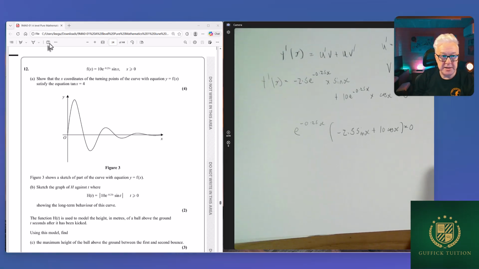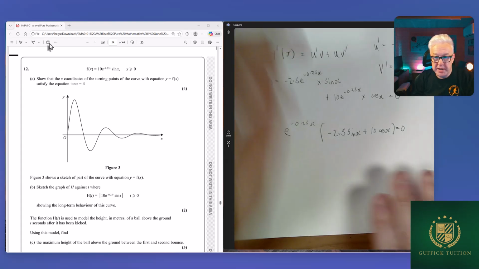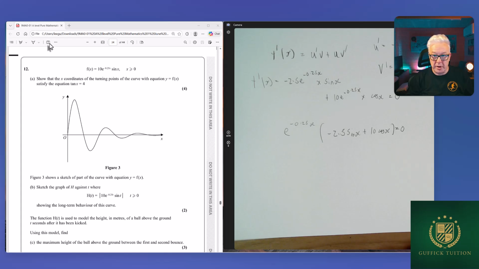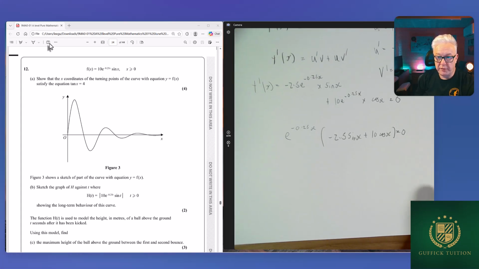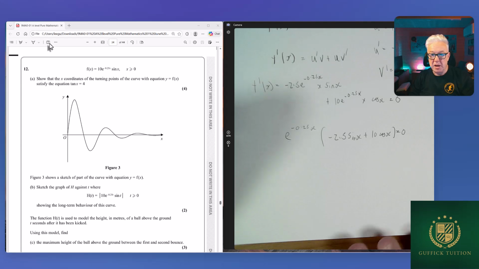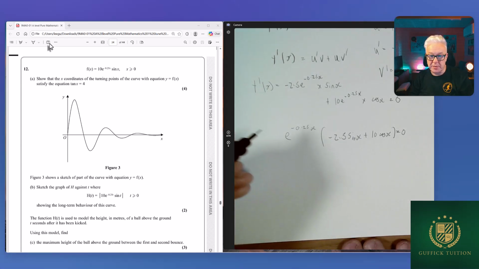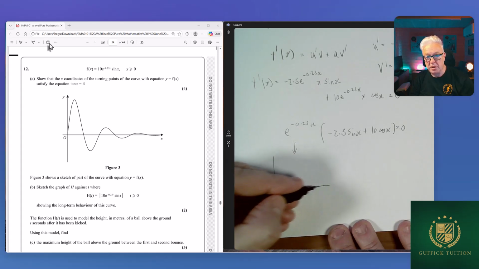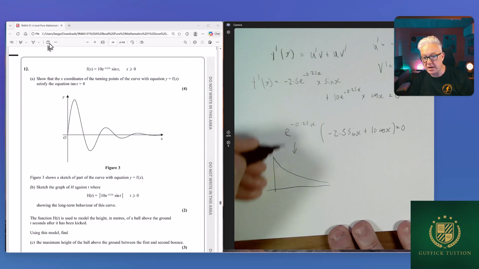Now we're hitting a really key, super important point. This scenario is very, very common. I see this come up very frequently, and students often do not know what to do with it. I can't emphasize this enough. The first thing to notice is that this is a negative exponential.